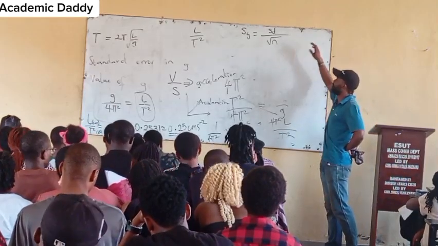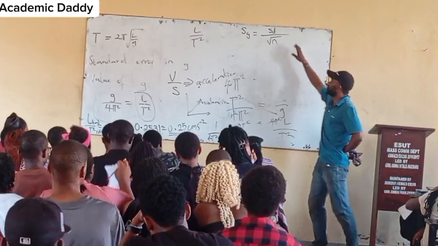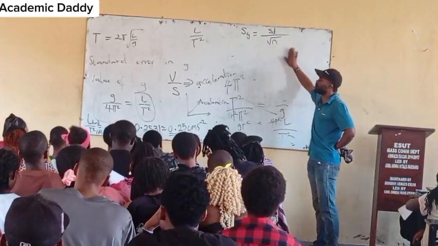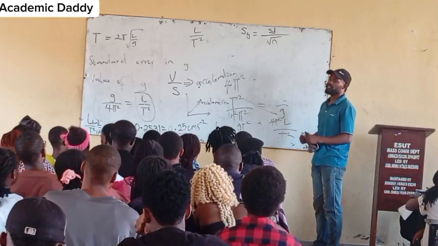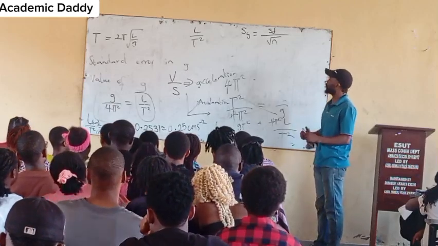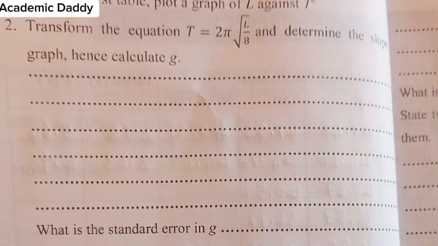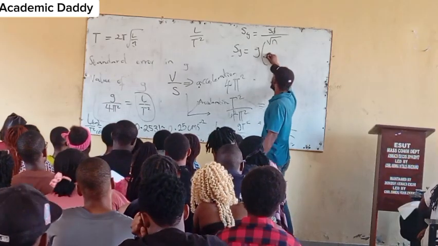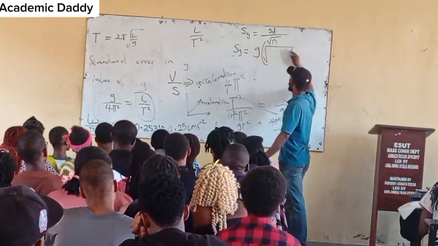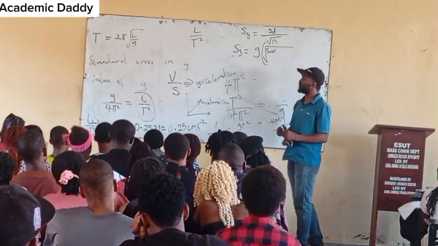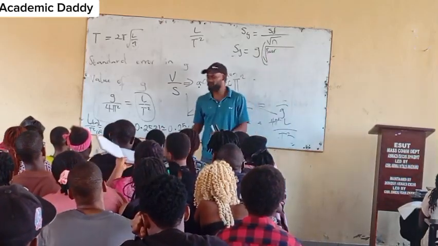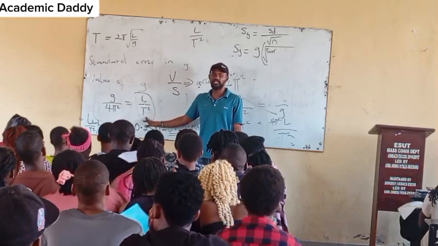But since they asked me to find the standard error in g, I'm going to use S_g equals g multiplied by the square root of the power, noticing that the two things I'm looking for here, for this graph, are L and T squared.